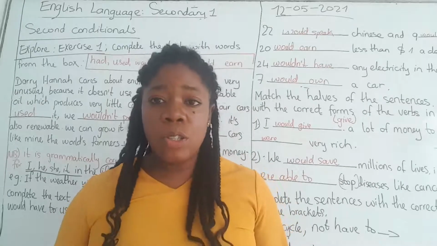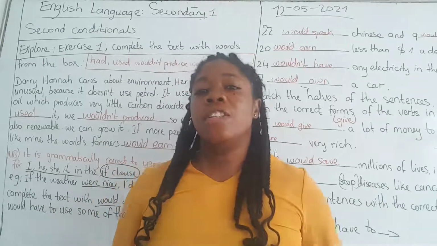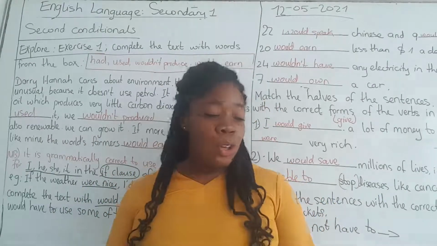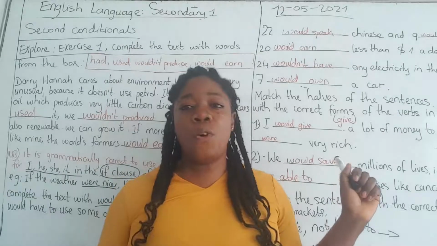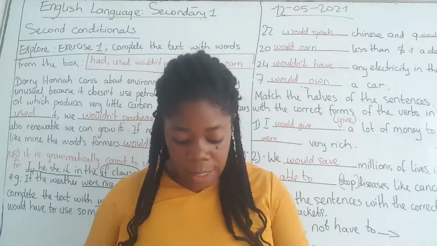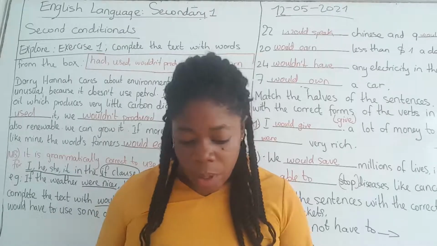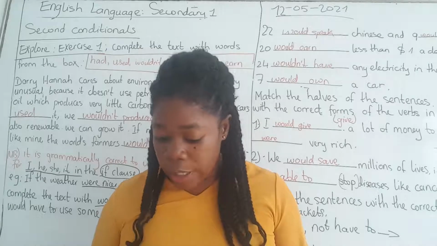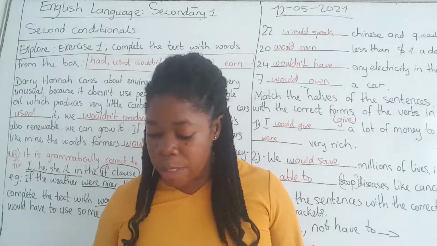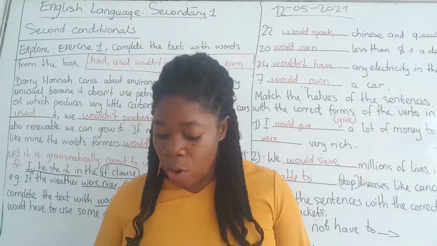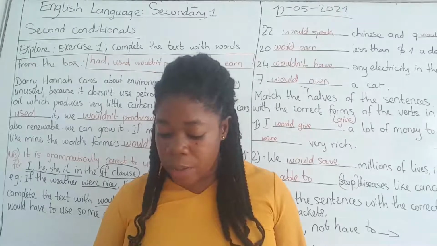Please, I cannot do all the exercises for you. Try it at home yourself. I've just done some examples which you will follow at home to do the exercises. We'll move to the next exercise under exploit. Complete the sentences with the correct form of the verbs in brackets. Number 1, the word in brackets is recycle.